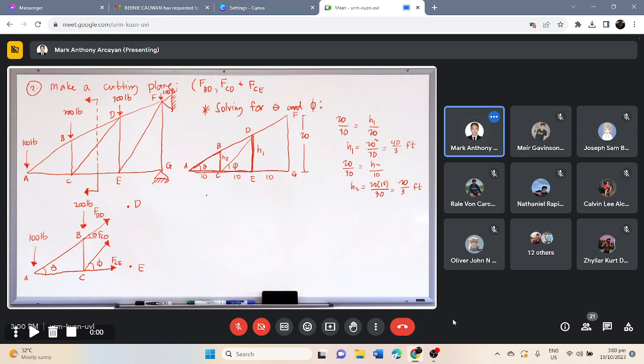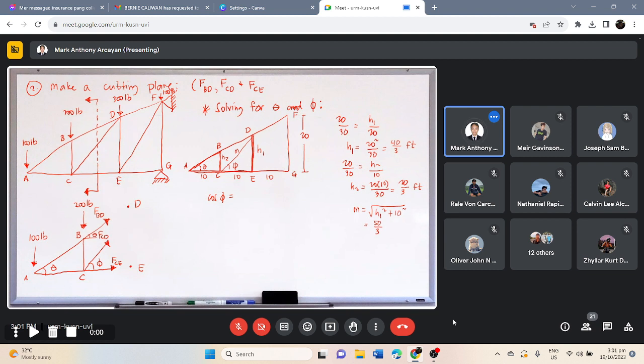We can now get relations that we will use later, like cosine of phi is equal to adjacent over hypotenuse. This hypotenuse is labeled M. Using Pythagorean, M is equal to the square root of H1 squared plus 10 squared, so the square root of (40 over 3) squared plus 10 squared, that is equal to 50 over 3.